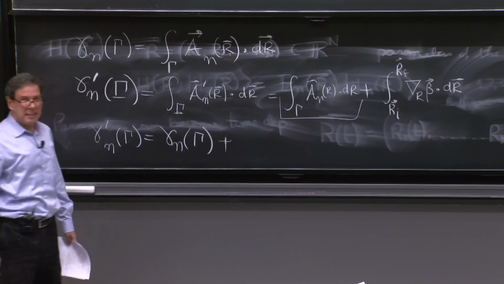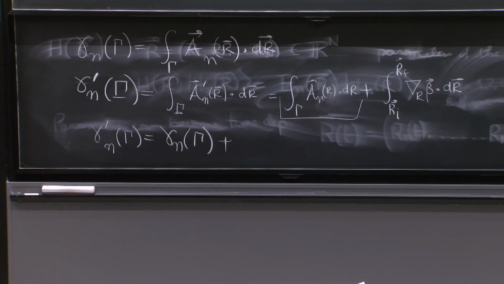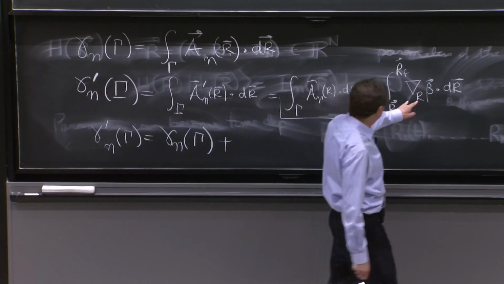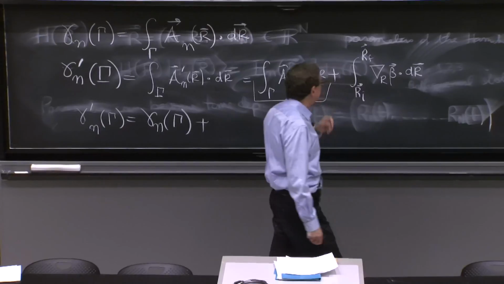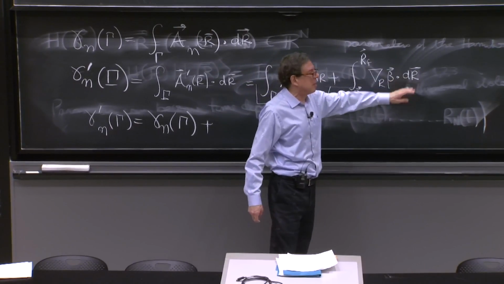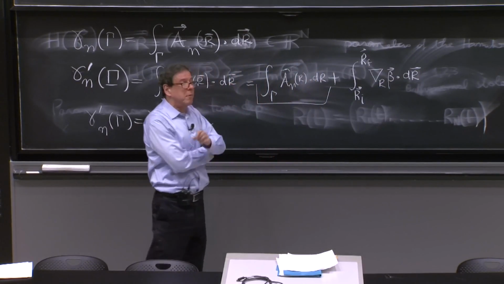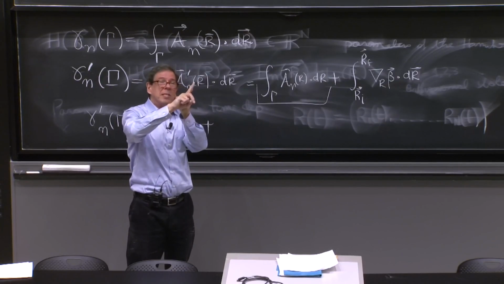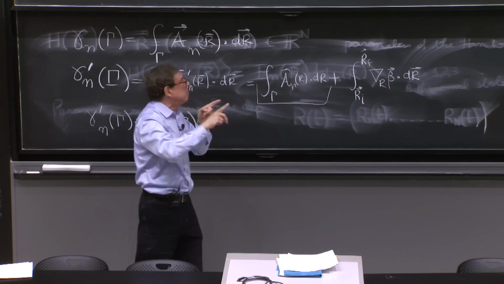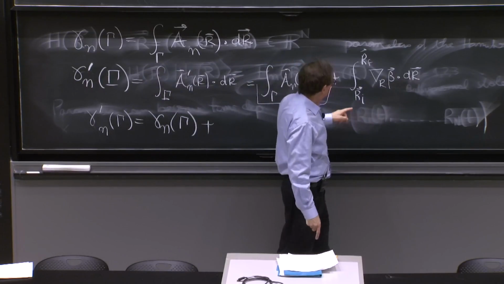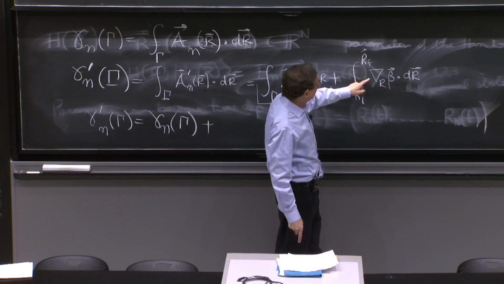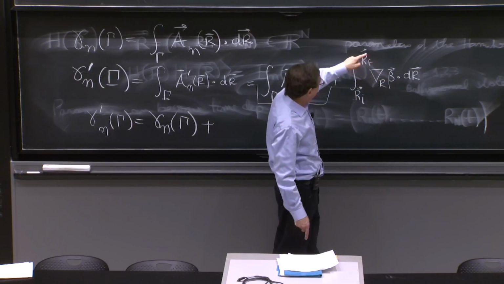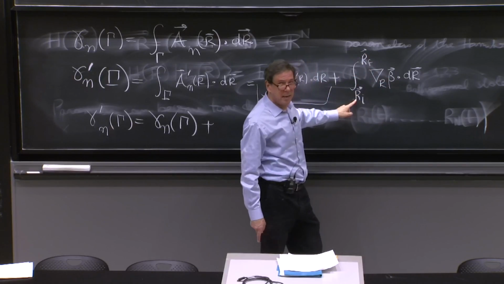And how about the last integral? Does it vanish? No. It doesn't vanish. But in fact it can be done. This is like a derivative times dR, so it's one of those simple integrals. The gradient times the dR represents the change in the function as you move a little dR. So when you go from Ri to Rf, the integral of the gradient is equal to the function beta at Rf minus the function beta at Ri.